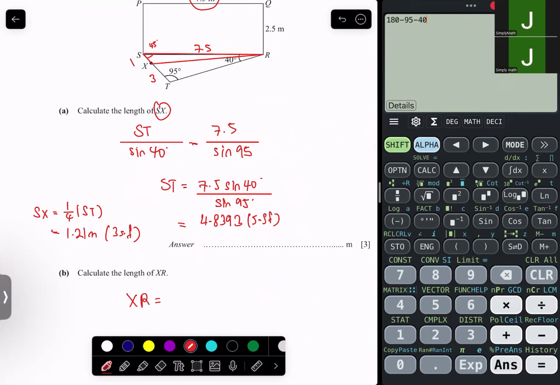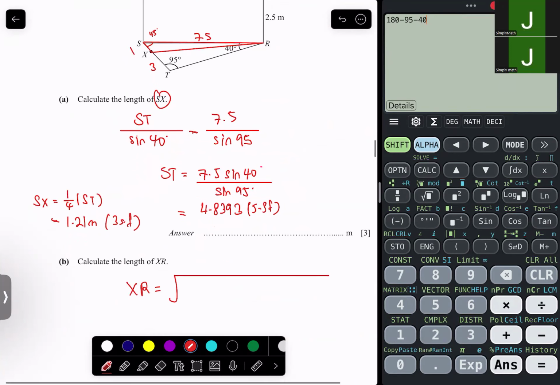XR equals the square root of 1.21 squared plus 7.5 squared minus 2 times 1.21 times 7.5 cosine 45.